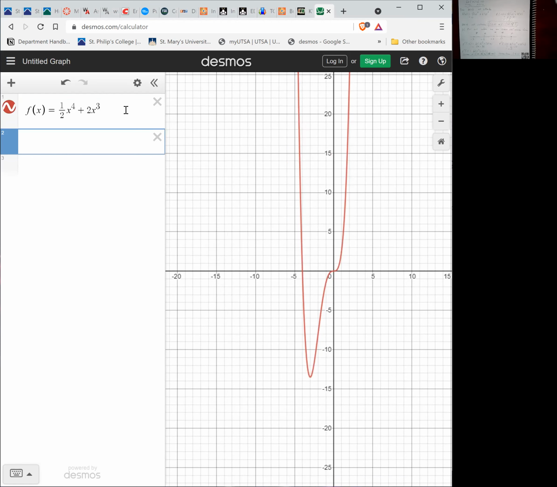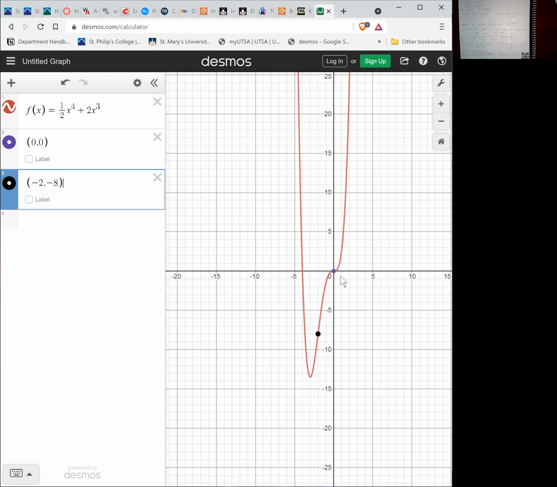So we have those special points, the points of inflection: (0, 0) and (-2, -8). From here to there, suddenly we change concavity. We're opening downward and suddenly we're opening upward.